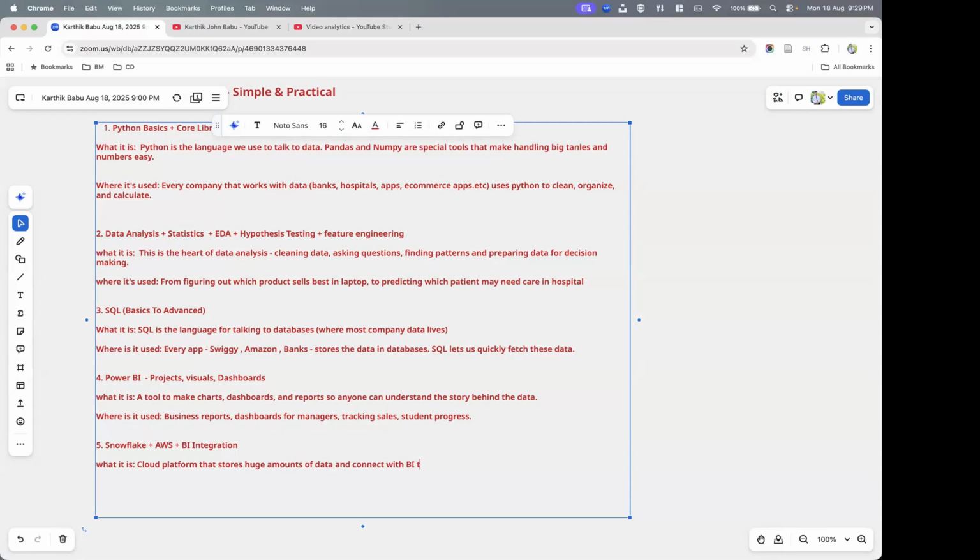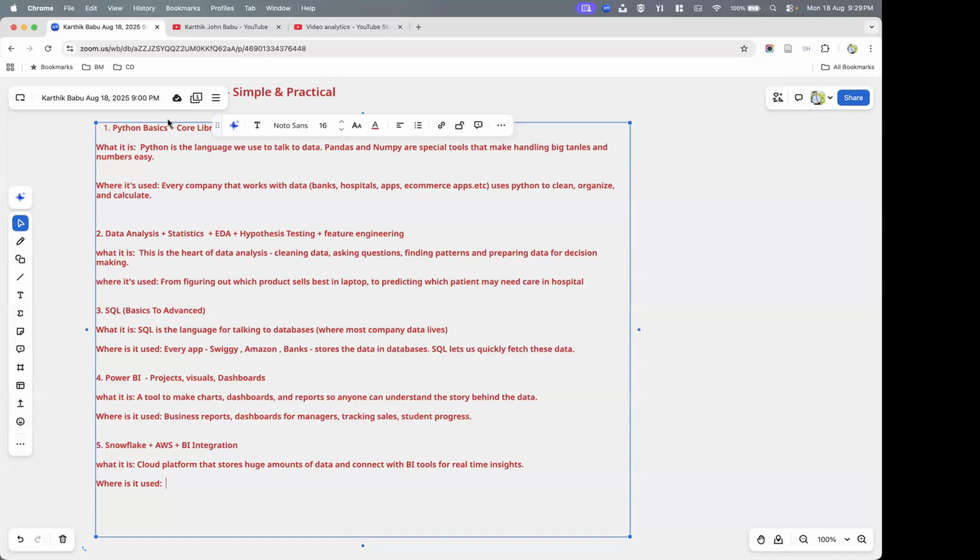BI stands for business intelligence tools, for real-time insights. Now, you might ask me, where is it used? I would say business reports, when companies have massive data, for example, Amazon orders. Could you imagine that Amazon orders are so huge that we cannot contain them in one environment.